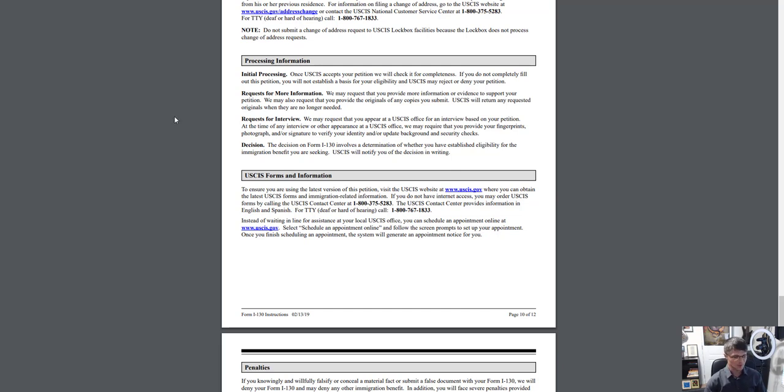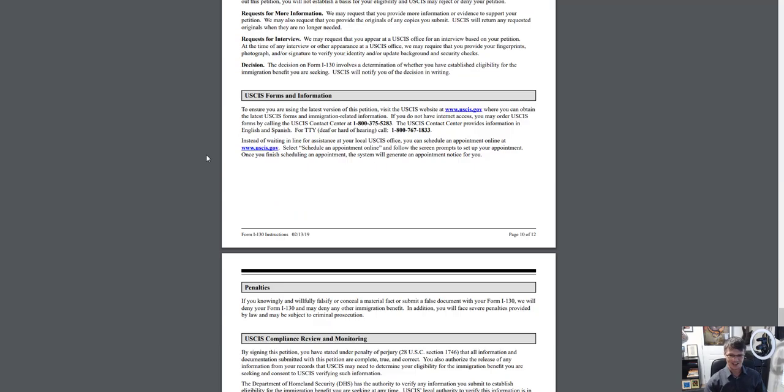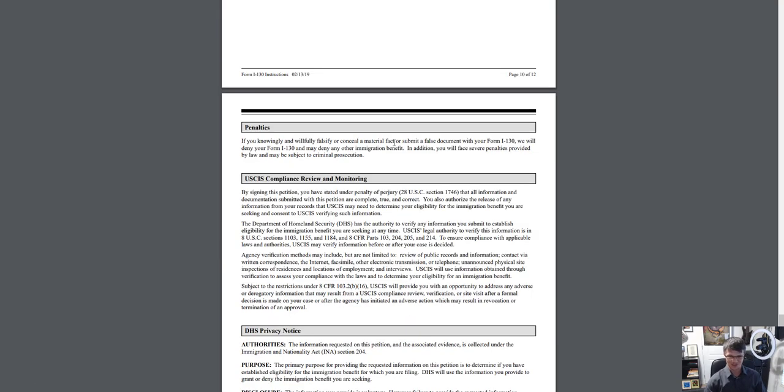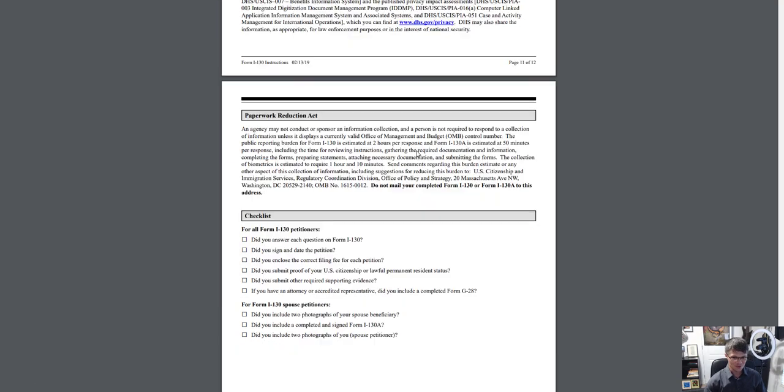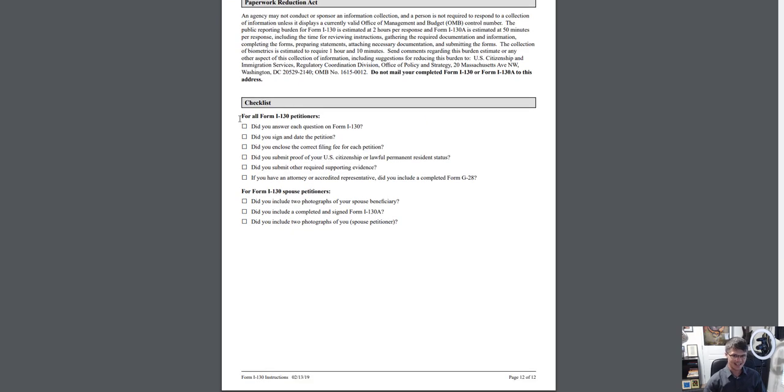Request for more information, they might do it. Request for interview, they might do it. Decision. The decision on the Form I-130 involves a determination of whether you have established eligibility. Makes sense. All right, if you have any questions, again, you can call them directly. Make sure to read through everything, and they do attach a really good checklist here to kind of help you.